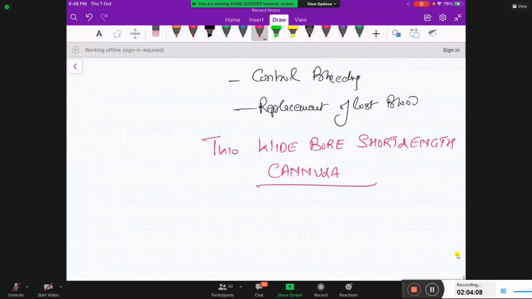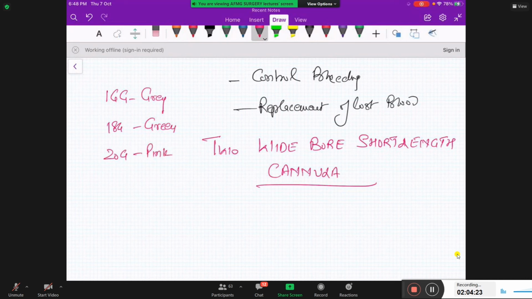You all must be aware, 16 gauge cannula is gray cannula, 18 gauge cannula is green cannula, 20 gauge cannula is pink cannula. As this number is increasing, the diameter of the cannula is decreasing. So out of the three cannulas which I have given, which one will you use?